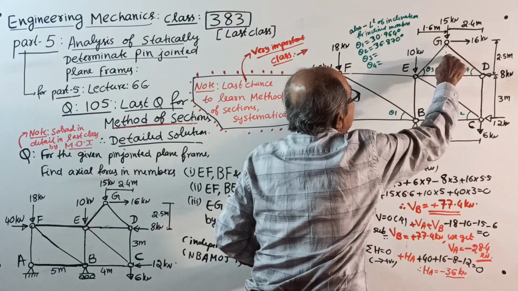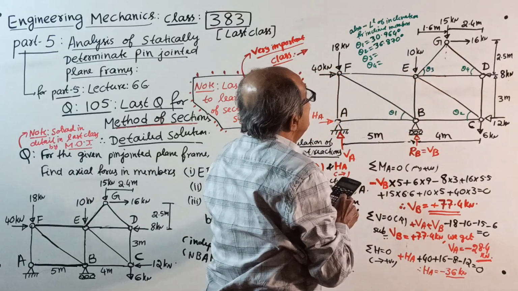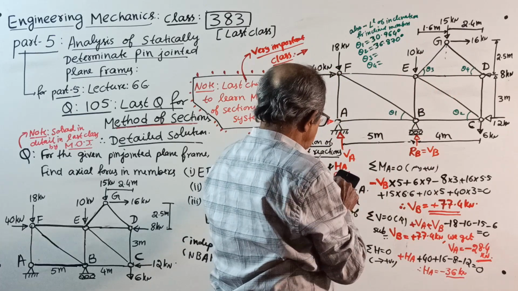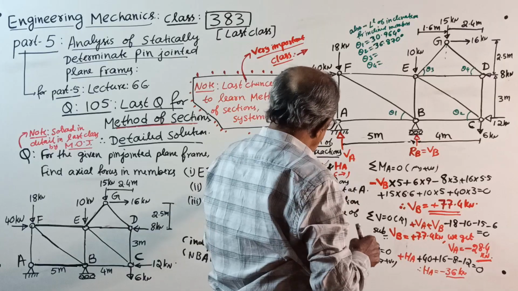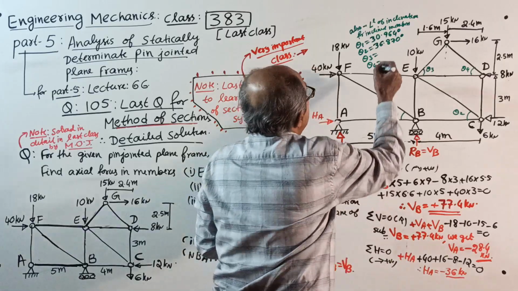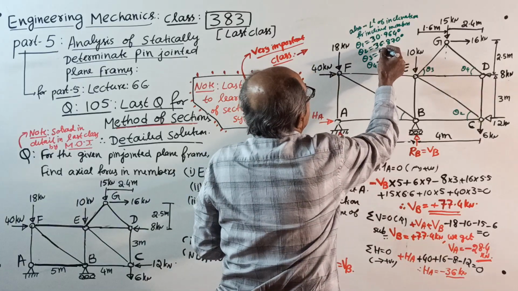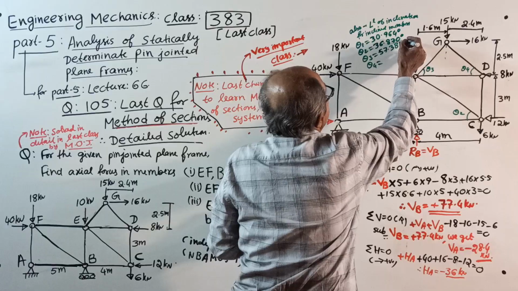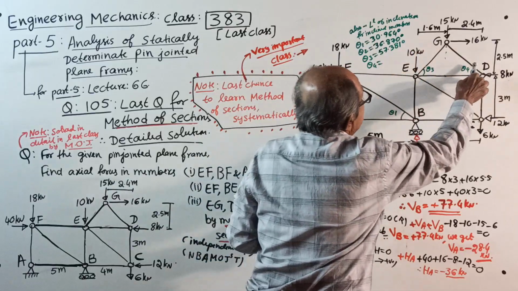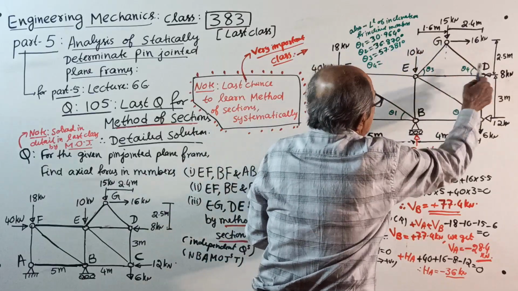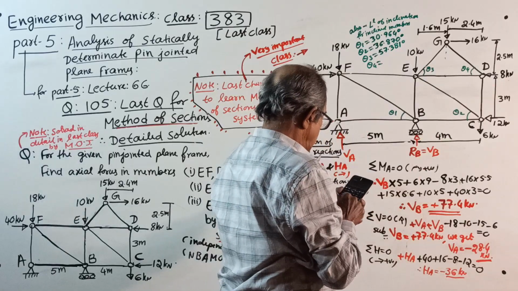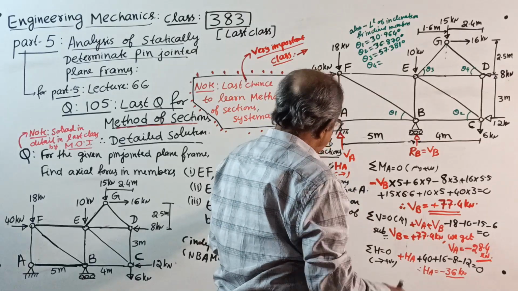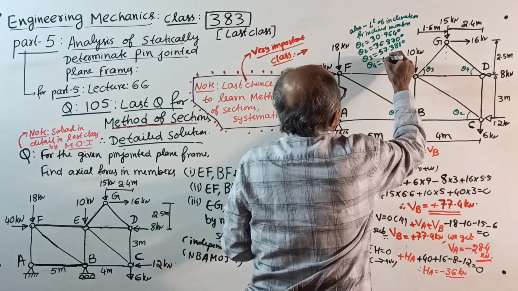Tan theta 3: draw a light vertical line. This side by this side, that is 2.5 divided by 1.6. Shift tan inverse answer: 57.381 degrees. Lastly theta 4, 2.5 by 2.4, tan inverse answer: 46.169 degrees.